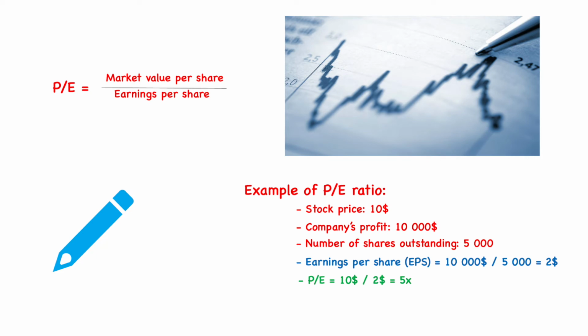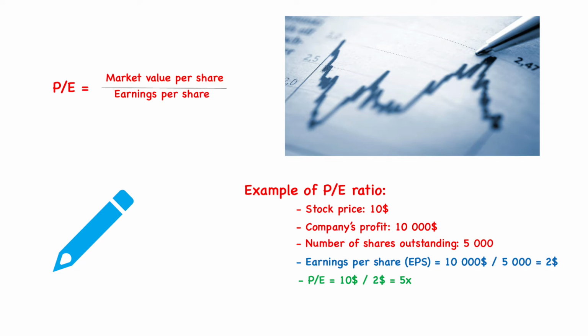So simply divide the stock price by the earnings per share, also called EPS. To find the EPS, you can simply divide the company's profit by the number of shares outstanding. But remember, there are multiple variations of EPS. Two common types of EPS used to measure the PE are forward PE and trailing PE.